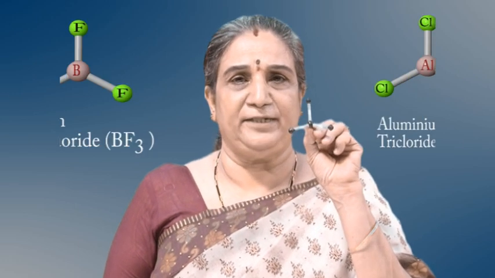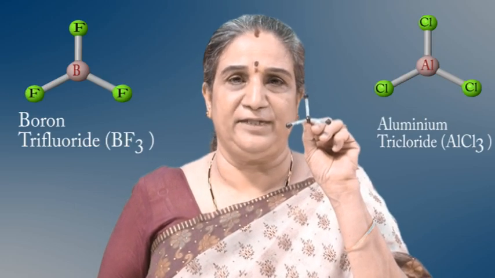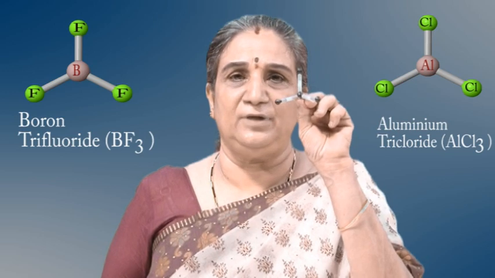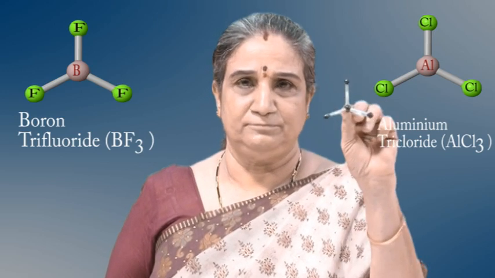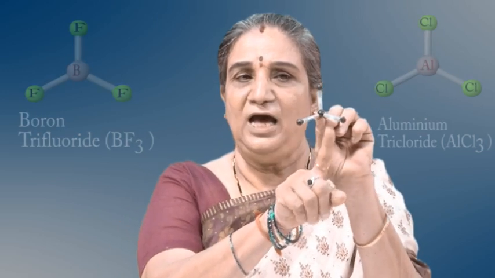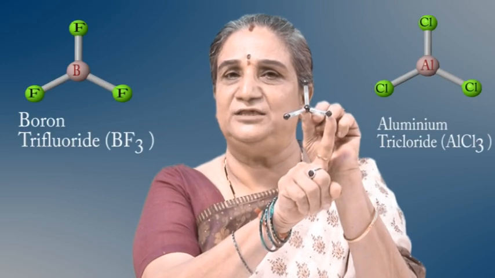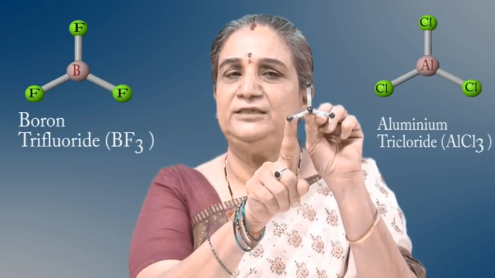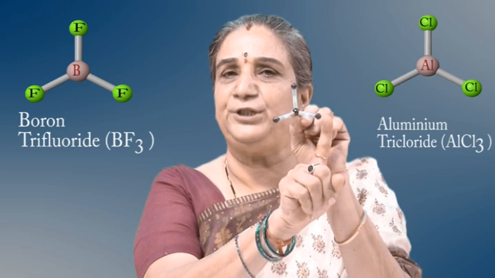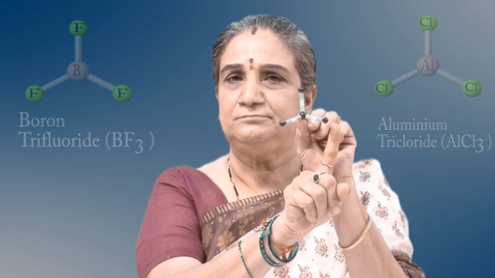The second molecule which we will discuss is boron trifluoride or aluminium trichloride. The central atom, aluminium or boron, has 3 electrons in the valence shell. It is sharing the 3 electrons with 3 chlorine atoms.